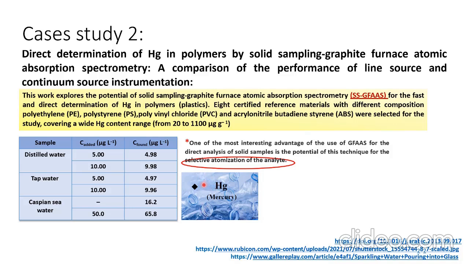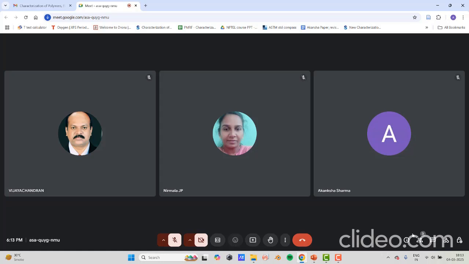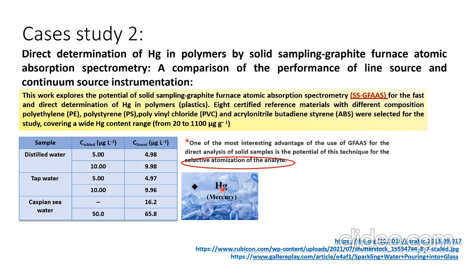Suppose this is a plastic, it will evaporate, but the mercury will not deteriorate. So only that will get isolated, and then we can detect how much mercury is present in our sample.